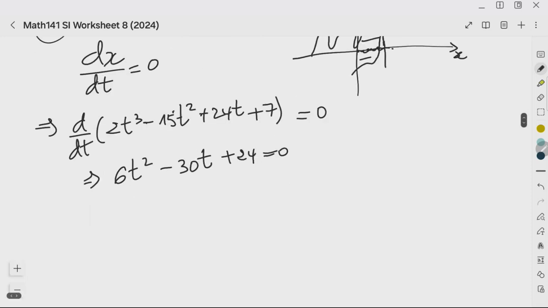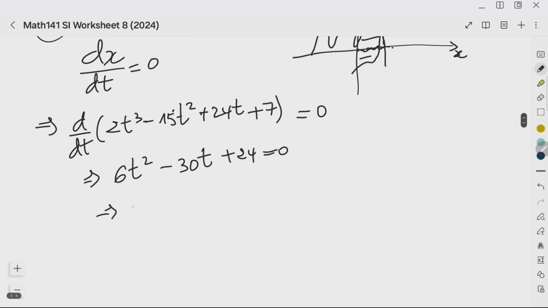You divide by 6 on all sides, you have t squared minus 5t plus 4 equal to 0. Now we can solve for t.